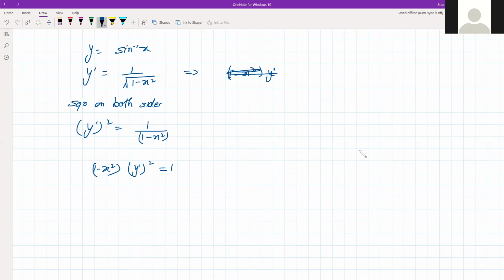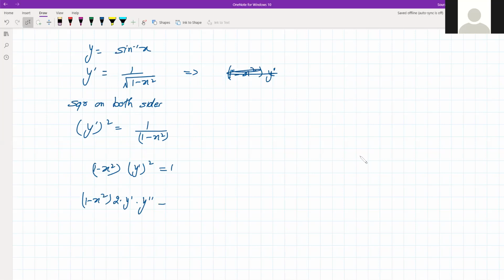So from this, I can say this will be 1 minus x square into 2 y dash into y double dash, right?